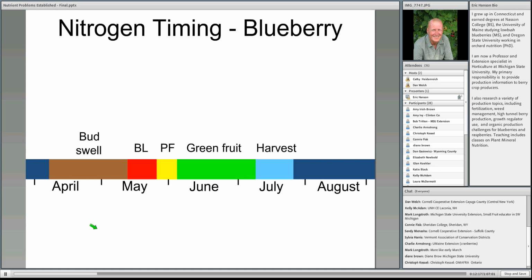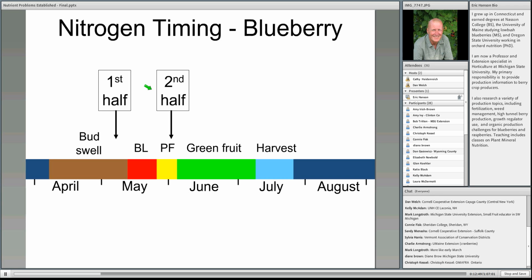I think timing is a critical factor as far as trying to optimize efficiency of nitrogen use. And in Michigan, we feel that a good system would be to apply fertilizer in a split application, so half of it going on about bud swell time before bloom, and then the second half of it going on during petal fall, perhaps 3 weeks later.